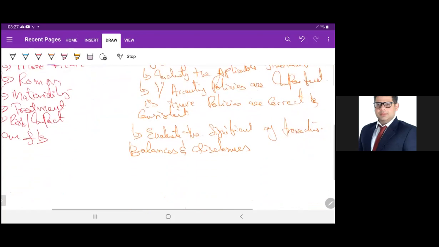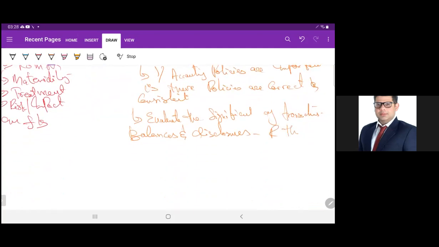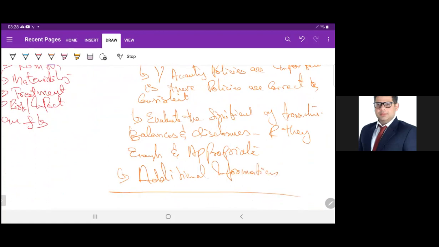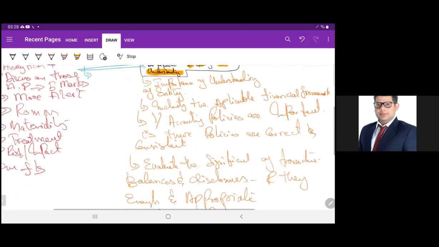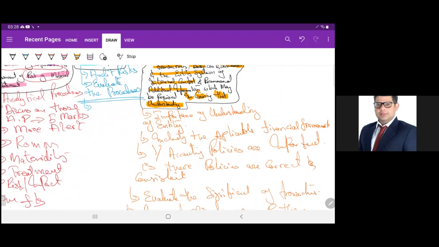You will tell whether they are enough and appropriate. And finally, as an auditor, you will suggest the additional information you require for an effective and efficient audit, right? So that will be your fourth kind of requirement. So far so good.